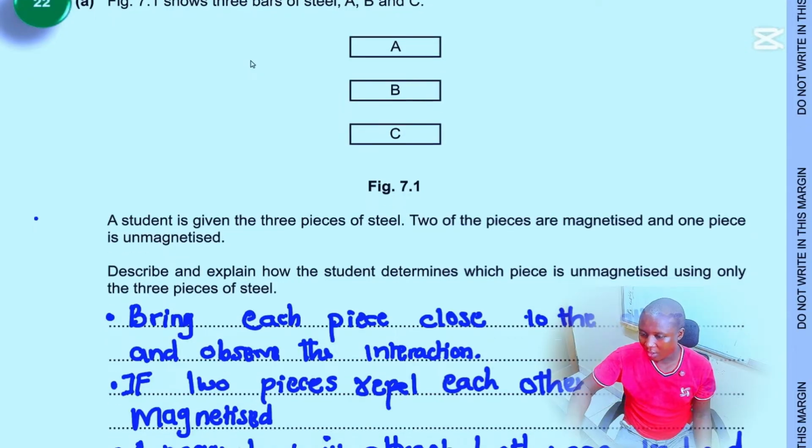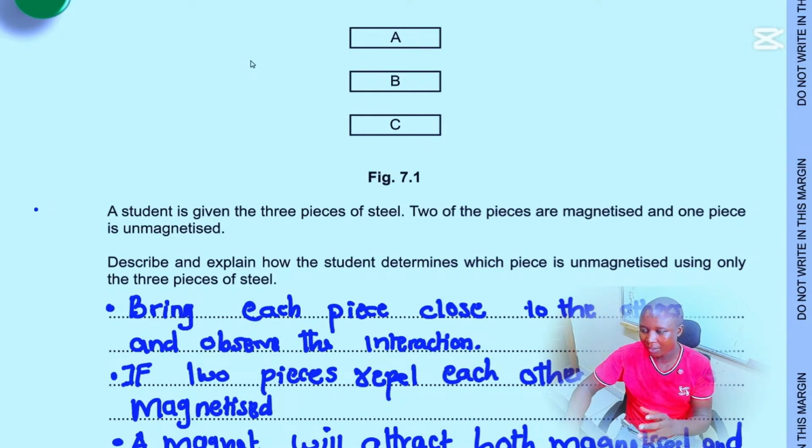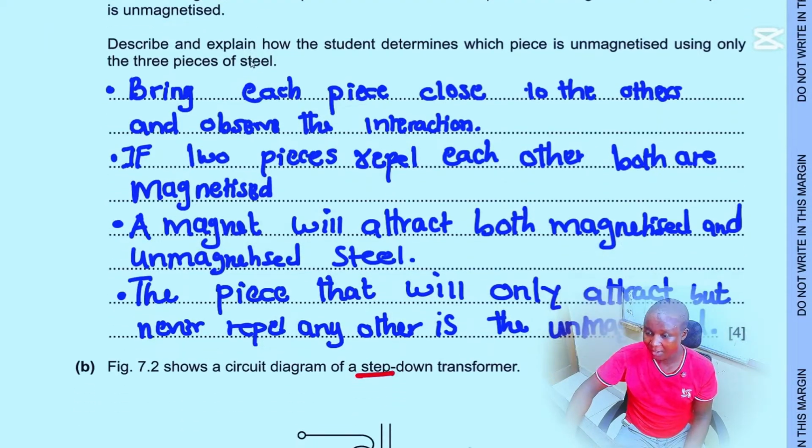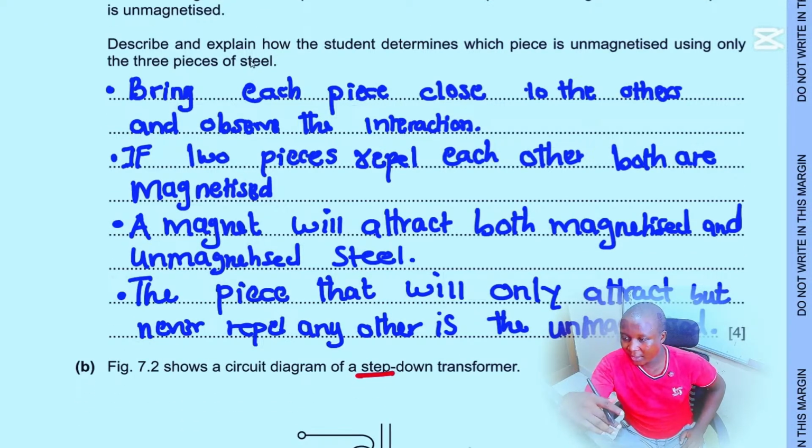So let's talk about a student who is given 3 pieces of steel. 2 of these pieces are magnetized, 1 is unmagnetized. We are supposed to describe and explain how the student can determine which is the unmagnetized piece. The student needs to bring each of the pieces close to each other and observe the interaction.